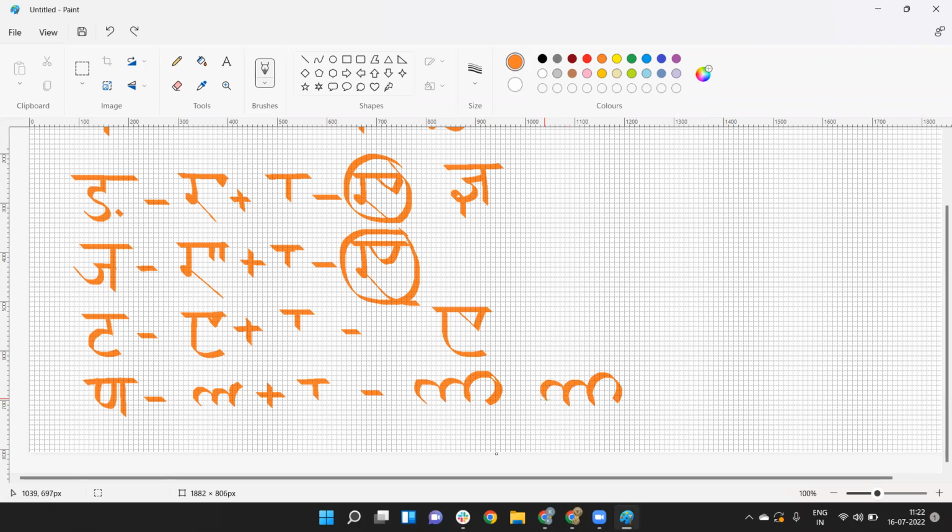These are the two loops that the Na has, and this is A. So this is more rounded and curved like this. At many places you will see this Na written like this also.